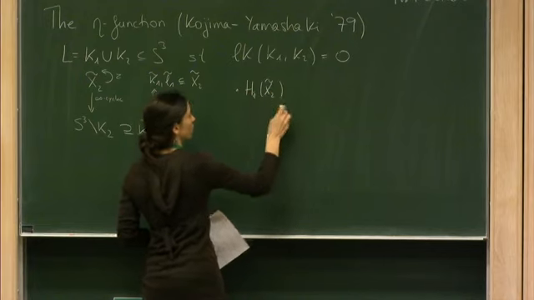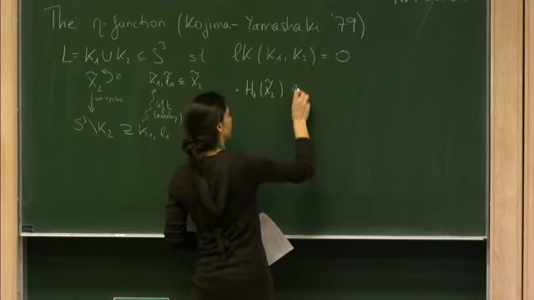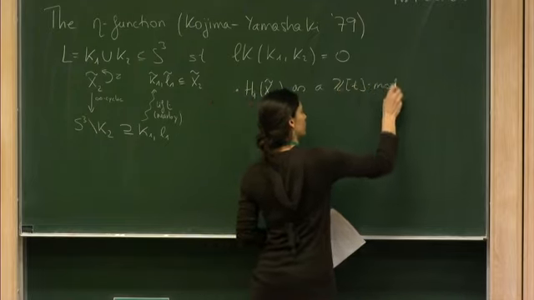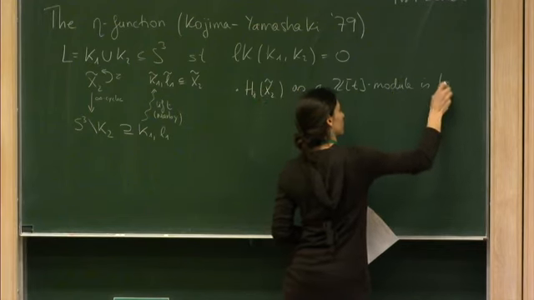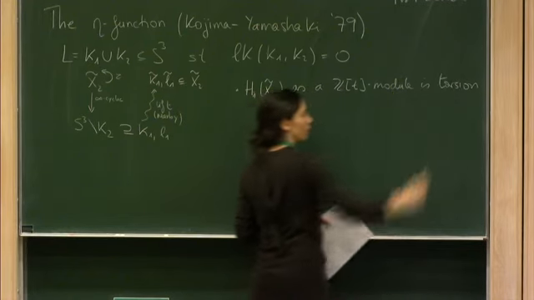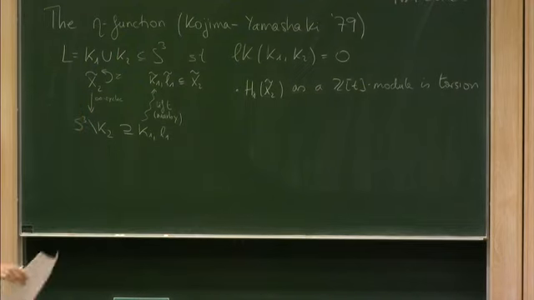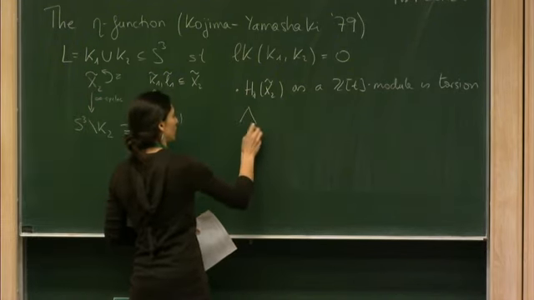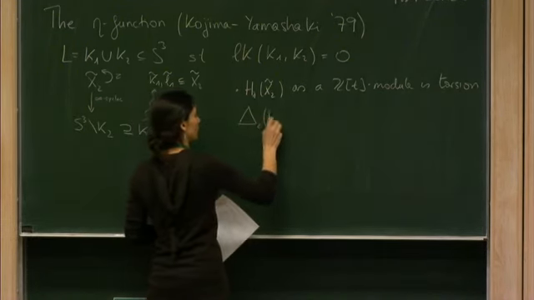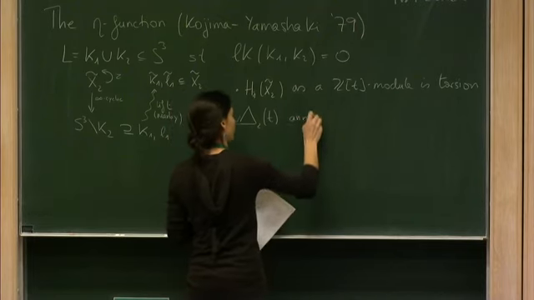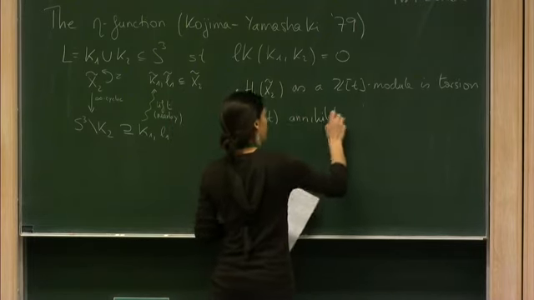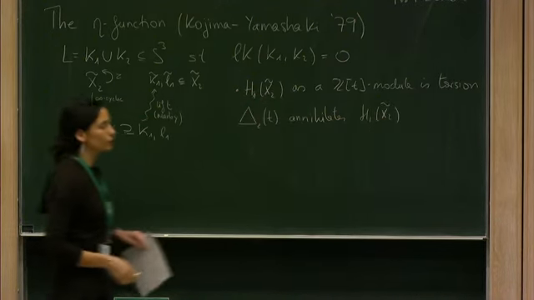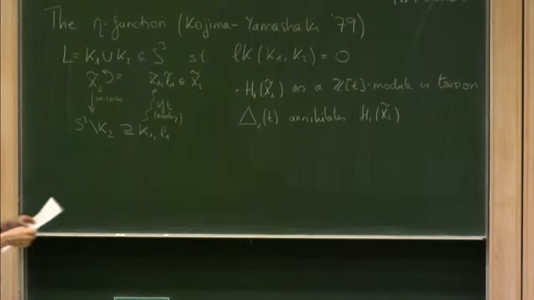H1 of X2 is, as a Z[t, t^-1] module, torsion, and the order is given by the Alexander polynomial of K2. So what happens is that the Alexander polynomial that I'm going to call delta 2 of t annihilates the homology, always considered as a Z[t, t^-1] module, which will be important in everything that follows.